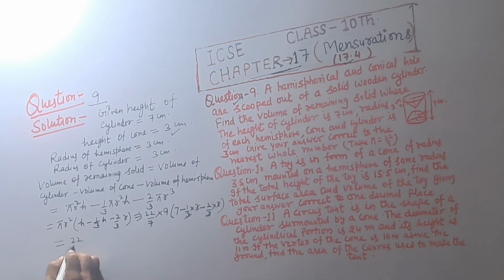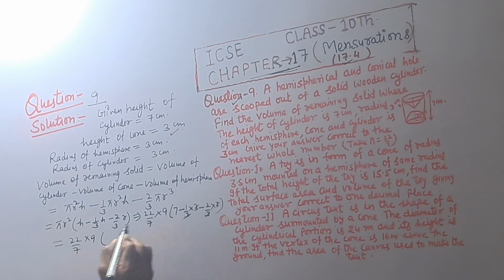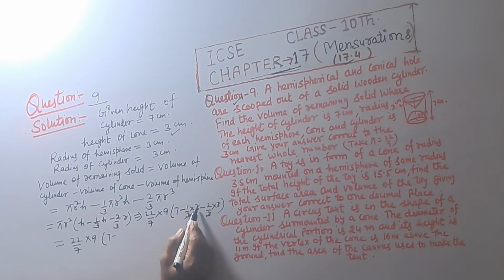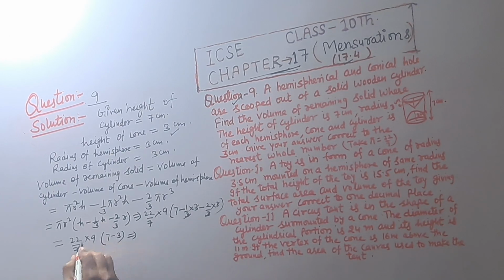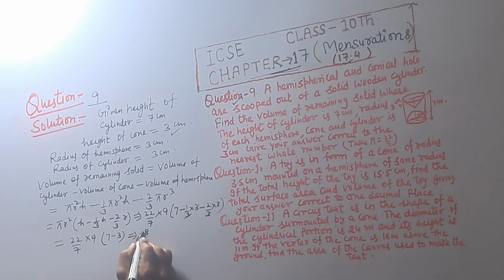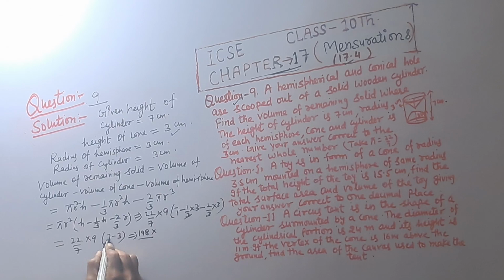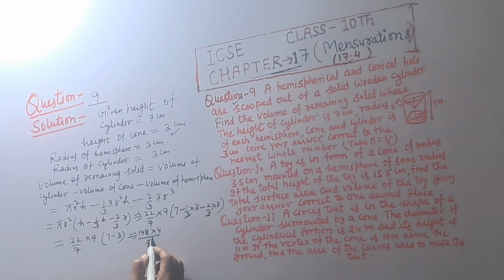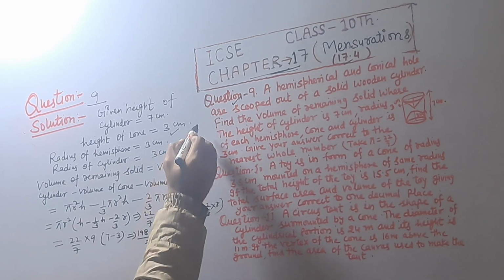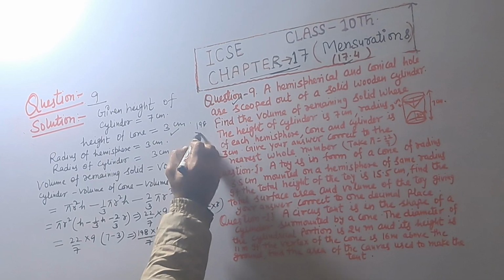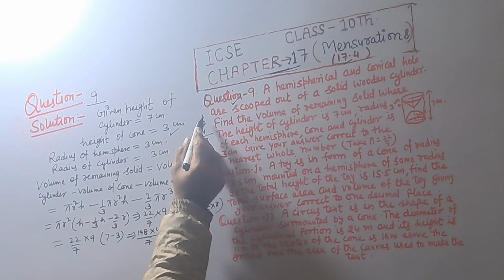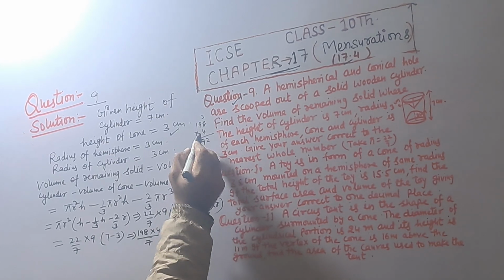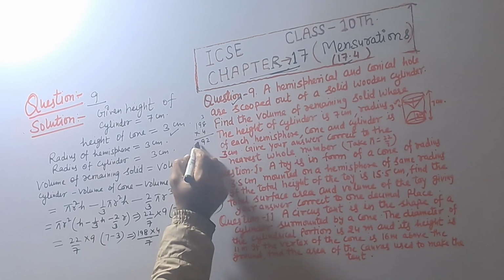That is equal to 22/7 multiplied by 9 into 7 minus 1 minus 2, that is 3, which implies 9 2s are 18, 198 into 4 divided by 7. 8 4s are 32, 3 carry, 9 4s are 36, 39, 3 carry, 4 1s are 4 plus 3, 7.